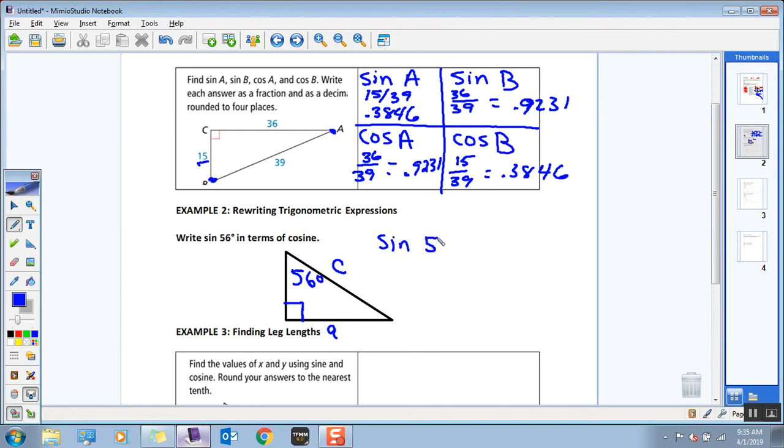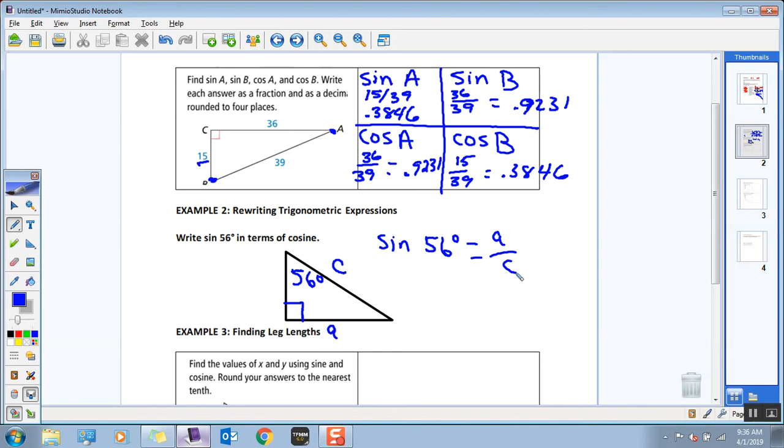Wouldn't the sine of 56 degrees equal A over C, kids? Let's see, if I'm at 56 degrees, then the opposite leg is what? And the hypotenuse is? Okay, let's talk about this. This is write the sine in terms of cosine. We want the values to be exactly the same. Now, kids, what's your definition of cosine again?